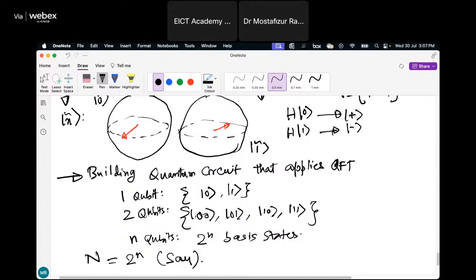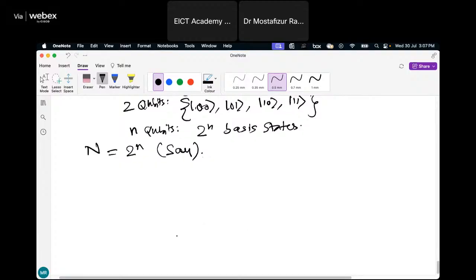Now, if I apply the quantum Fourier transform, what will happen? Let us go back to the classical DSP, digital signal processing, definition of the DFT matrix.